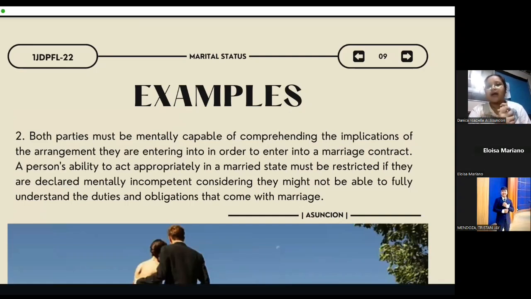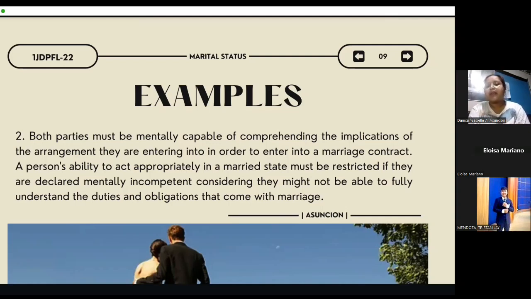Another example is the restriction to capacity when one party is deemed to be mentally incompetent. Both parties must be mentally capable of comprehending the implications of the arrangement they are entering, in order to fully grasp the contents, the challenges, and the obligations in a marital contract.